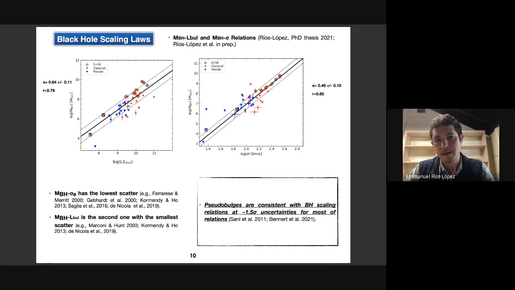And also that most of the pseudobulges here are following the relation. That is something unexpected, and this has also been reported in the literature. But before claiming that this trend is completely true, we want to extend this study in more detail because we have a limited sample, for instance, of pseudobulges.